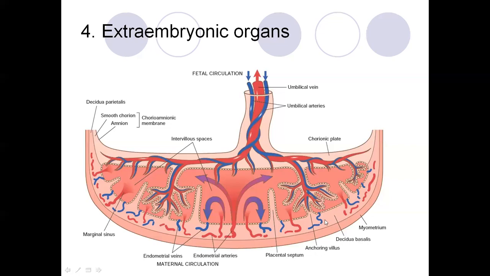Decidual cells are large cells which have a lot of nutritive substances like glycogen. It is needed for nutrition of the embryo, especially in the first 3 months while the placenta grows. So this part is the maternal part, with maternal tissues and maternal DNA. This part is the fetal part, with fetal tissues and fetal DNA.